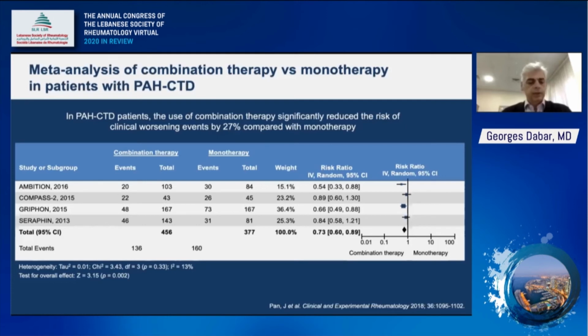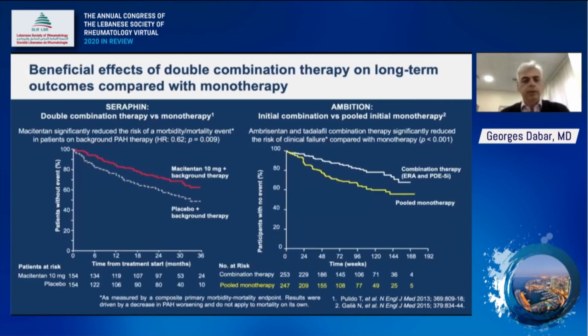This is a very important concept, and this is why there is little role for monotherapy at initiation of treatment of pulmonary arterial hypertension. This is looking at the beneficial effect of double combination therapy on long-term outcome compared with monotherapy, looking at the Seraphin and the Ambition.